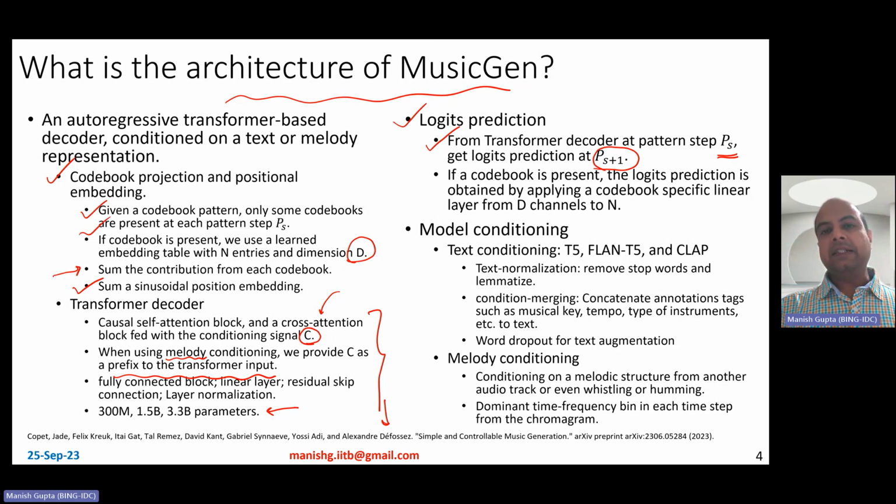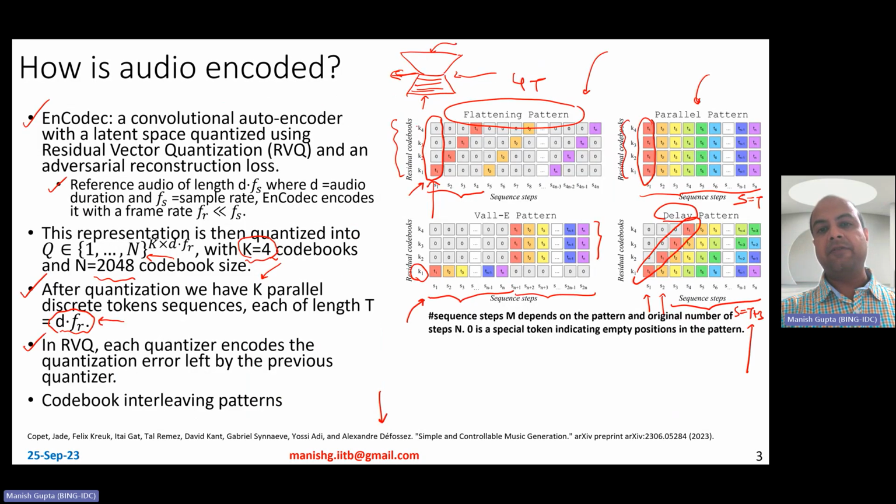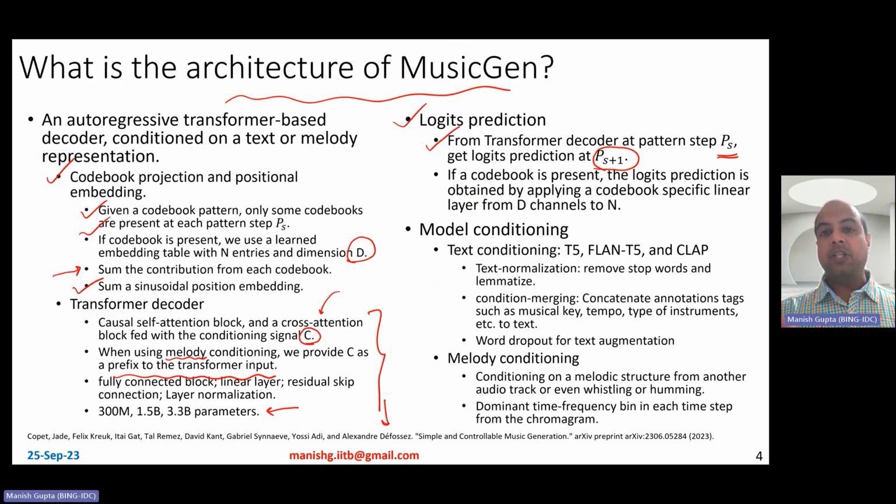Now, remember it has to be a vector prediction. Depending on the pattern, a codebook may or may not be present in this vector of size 4. If the codebook is present, then the logit prediction is obtained by applying a codebook-specific linear layer from D channels to N channels. Remember, the transformer decoder is acting in a space of D dimensions.